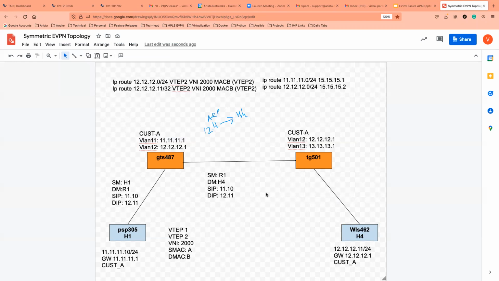Does everyone else agree with this, or does anyone think differently? Because this would be for asymmetric, right?